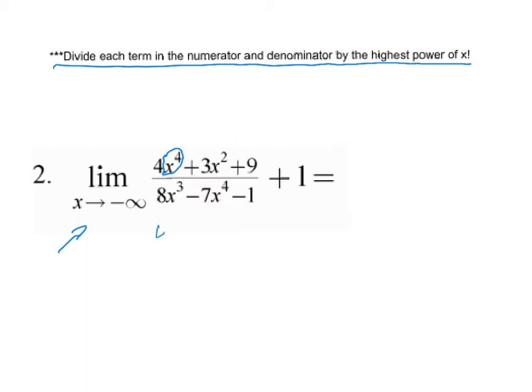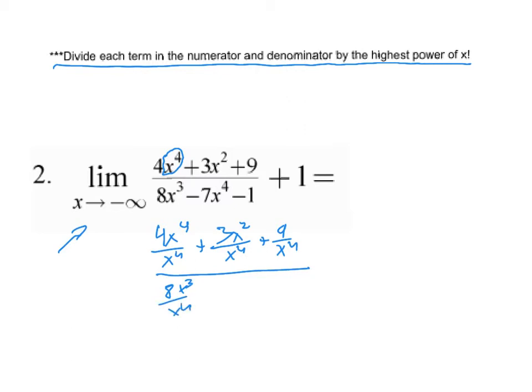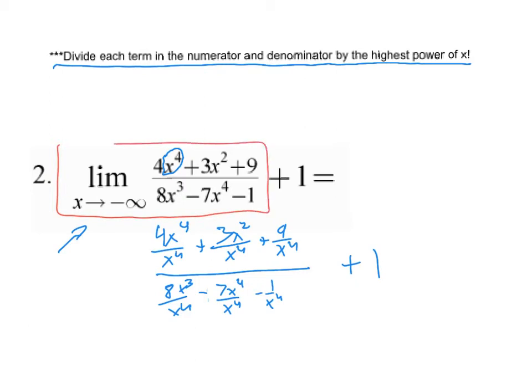So this looks like 4x to the 4th divided by x to the 4th plus 3x squared divided by x to the 4th plus 9 divided by x to the 4th, over 8x to the 3rd divided by x to the 4th, and so on. And then we also have this plus 1 over here. It's not really part of the limit. We're just saying whatever this limit is, then plus 1.